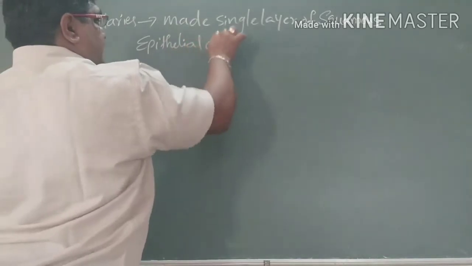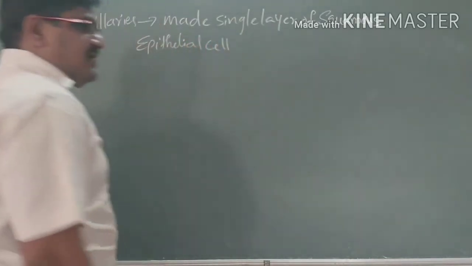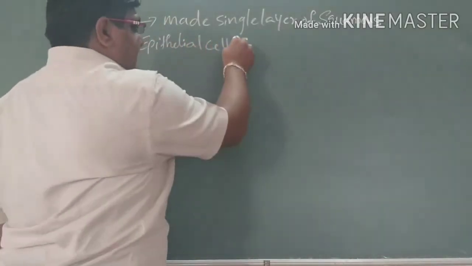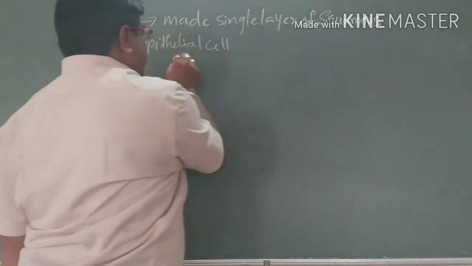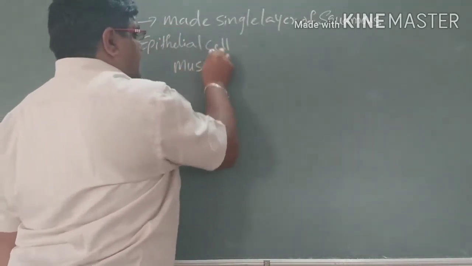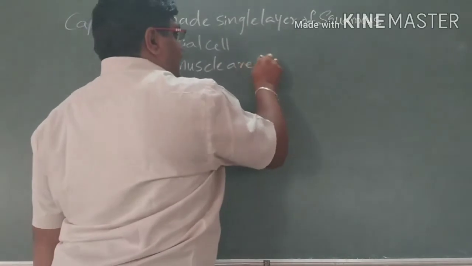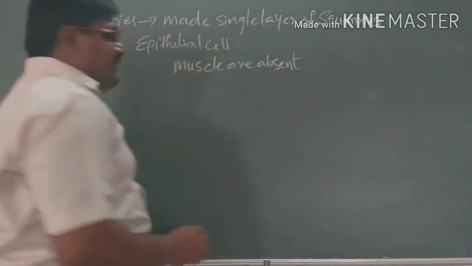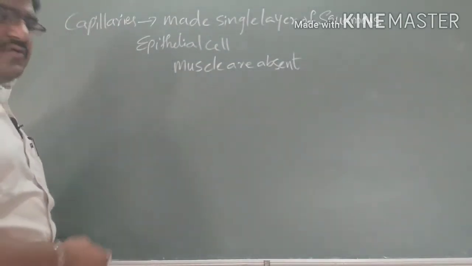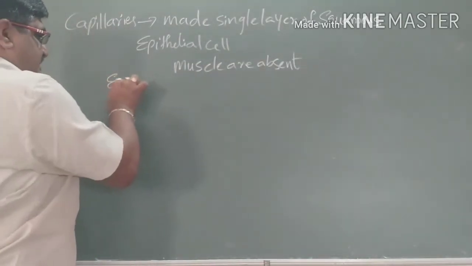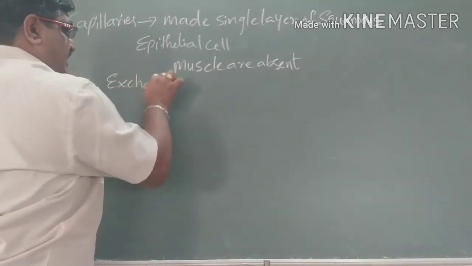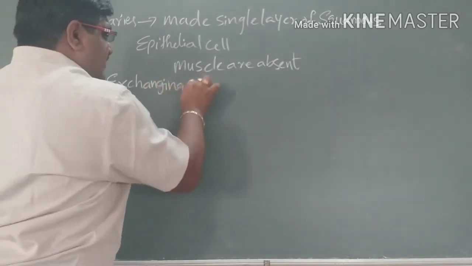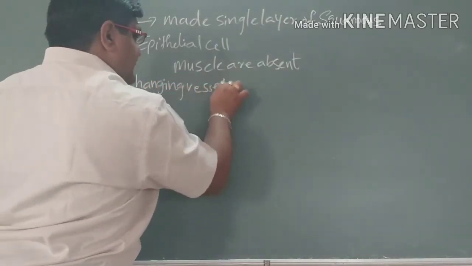Muscles are absent in them. Also, as I already said, these capillaries are called the exchanging vessels, where exchanging of materials takes place.